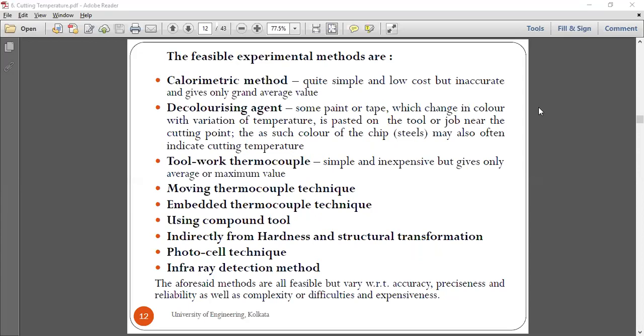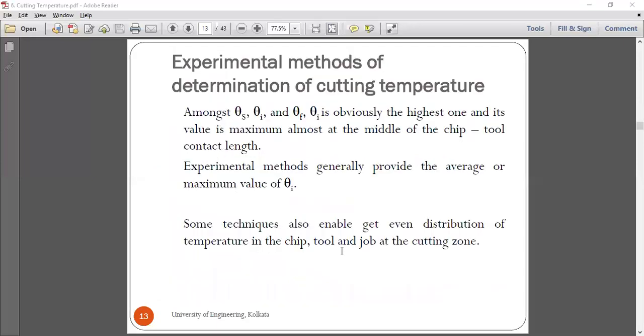Then we have the tool work thermocouple, simple and inexpensive, but gives only an average or maximum value. Then we have the moving thermocouple technique, embedded thermocouple technique, using compound tool, indirectly from hardness and structural transformation, photocell technique, and infrared detection method. I'll quickly show you these things, mostly theoretical in nature.